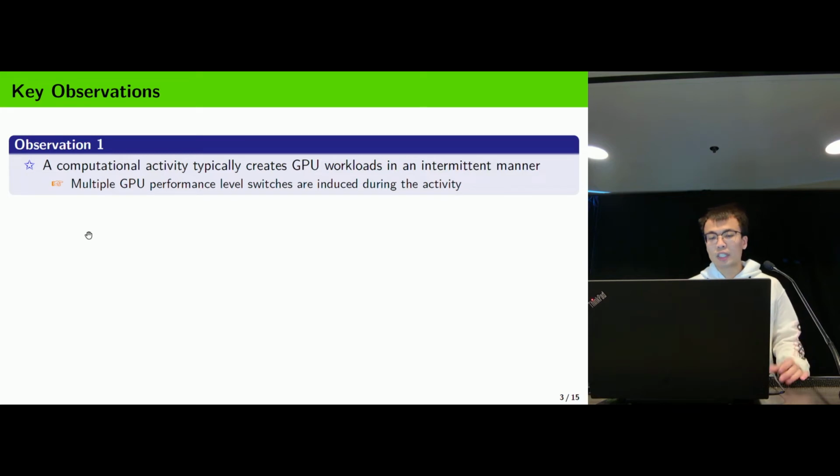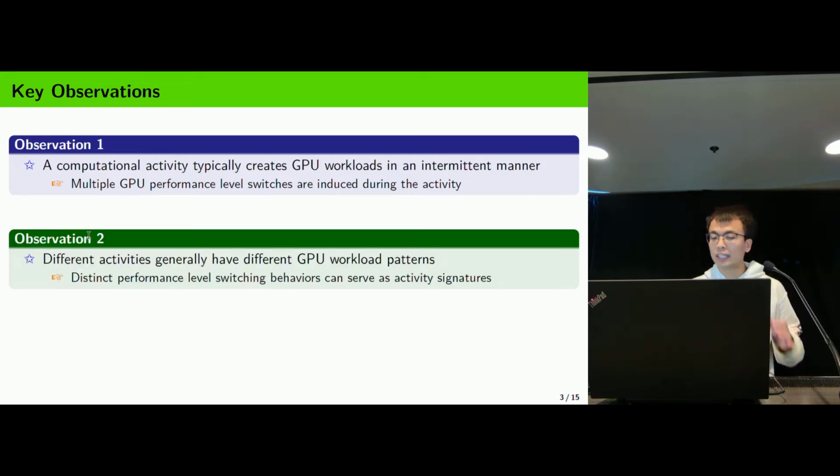Different computational activities will create different GPU workload patterns intermittently, so there will be multiple GPU performance level switching behaviors during the activity. And as we know, different activities generally create different workload patterns. So an attacker may use such performance level switching behavior to infer the computational activities.